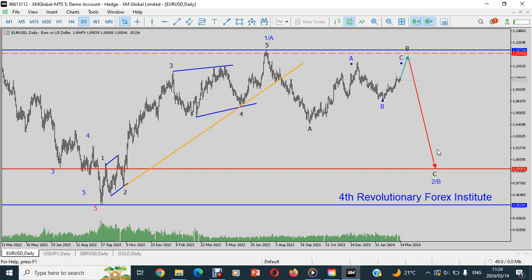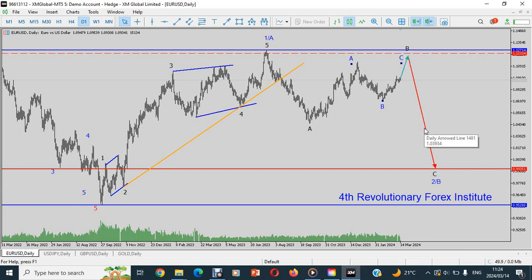But if the market breaks the start of wave A within wave 2 or B, which is blue in color, because now we're expecting A, B, C, a zigzag pattern, then we will just wait for the market and see what it does. If the market moves down after it breaks this level, we will not enter a trade.